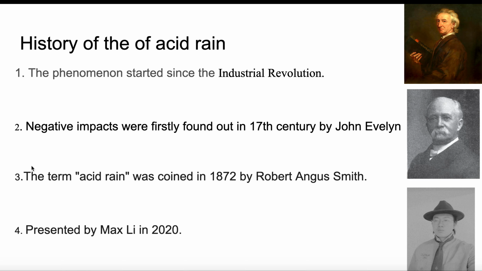After that, the term acid rain was first coined in 1872 by a scientist called Robert Angus Smith. And here's a photo of the scientist, which is kind of old-fashioned. This means the phenomenon of acidic precipitation was named acid rain in the year 1872 by the scientist called Robert.